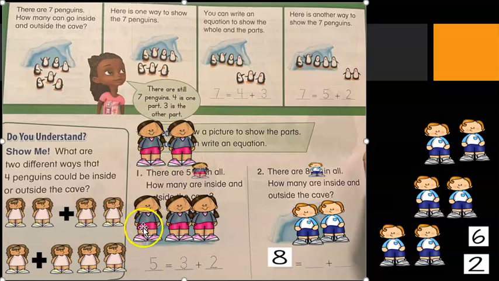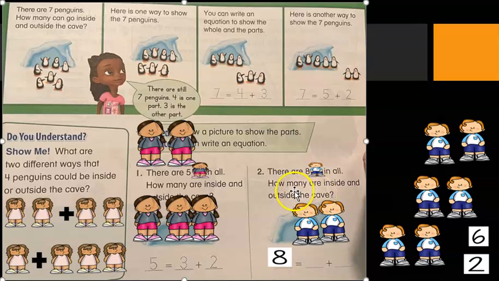Now really look at that. I'm sure you can probably see it now, okay? Especially when I put these girls in here, okay? Now let's move on to our next problem, number 2. It says, there are 8 boys in all. How many are inside and outside the cave?